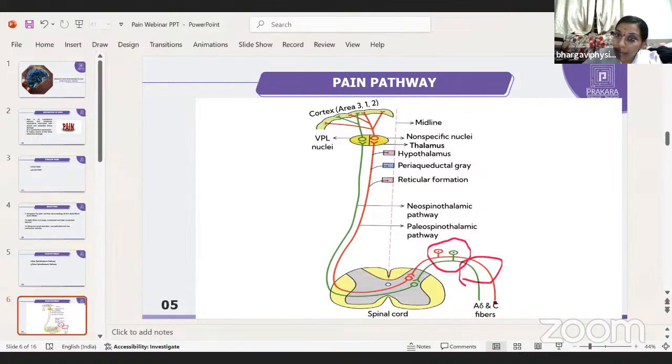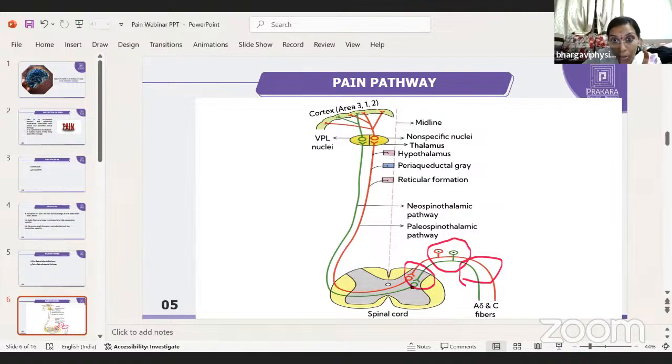One side A delta fibers and one side it is going to send the fibers to the spinal cord. When it comes to the spinal cord, the fibers are reaching the posterior gray horn.